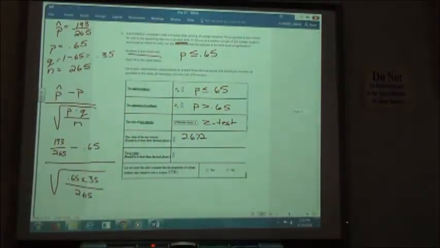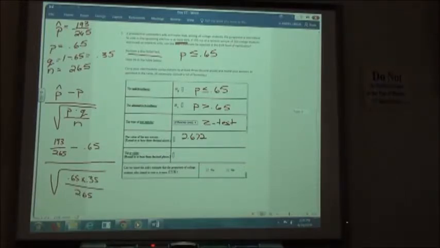Did you try that one yet, or are you taking the word for it? On there, you have to hit a bunch of equals. So if you're doing it on that calculator, you would do the 193 divided by the 265 minus the 0.65, which is all on the top of the fraction. Then you'd hit equals.